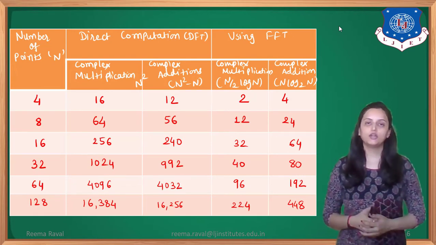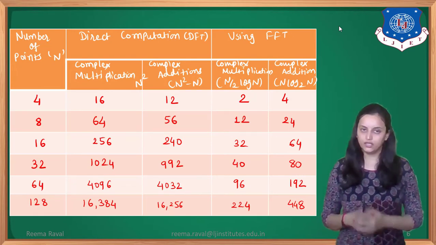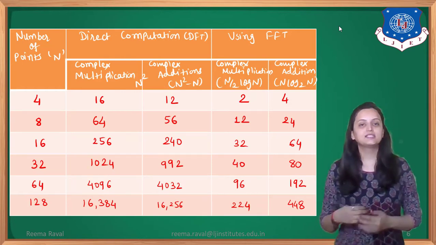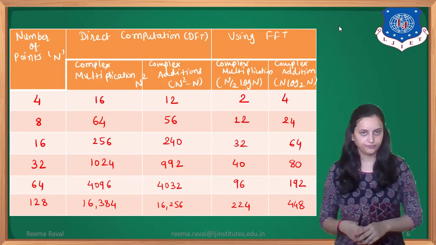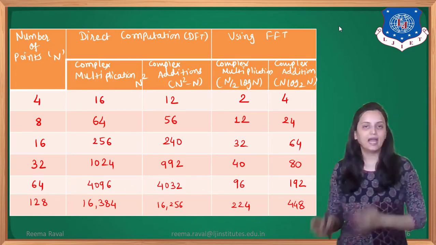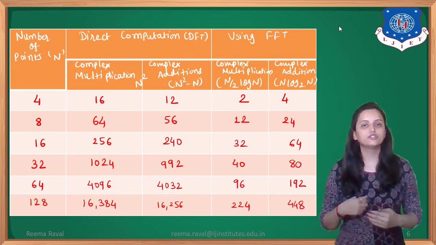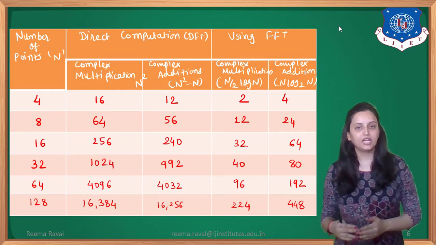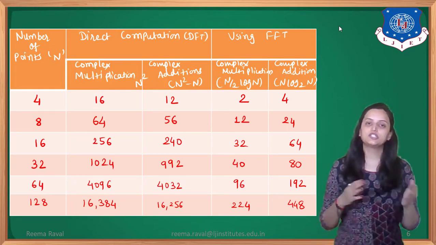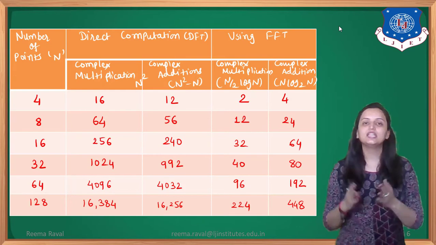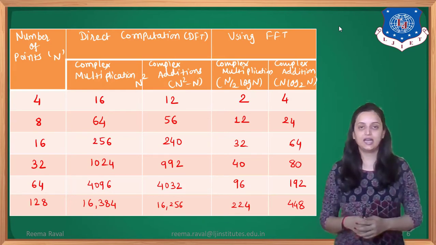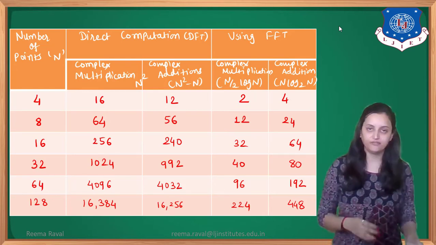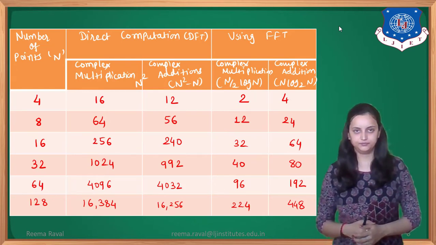Next is the number of points 64. For that, complex multiplications are 4096 and complex additions are 4032. If we calculate the same for FFT, for a 64-point transform, the complex multiplications are 192 and complex additions are 384. If you compare these two numbers, you can directly say that the complex multiplications are reduced drastically in FFT as compared to DFT.